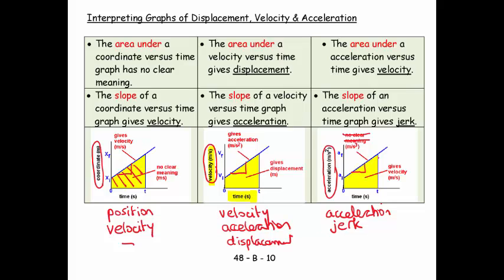And if I look at the area of an acceleration versus time graph, it's meters per second squared times seconds, which is meters per second, which is velocity. So this is reading, this is slope, and if you like, this is the integral.